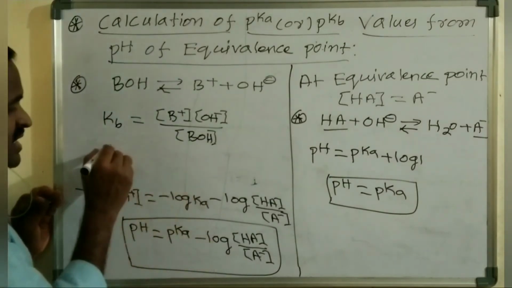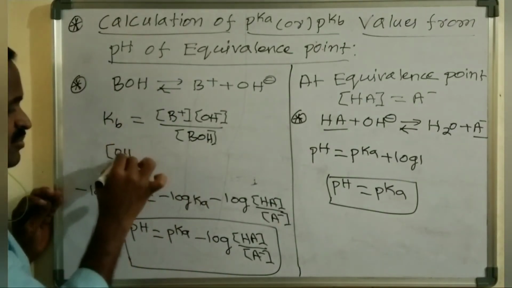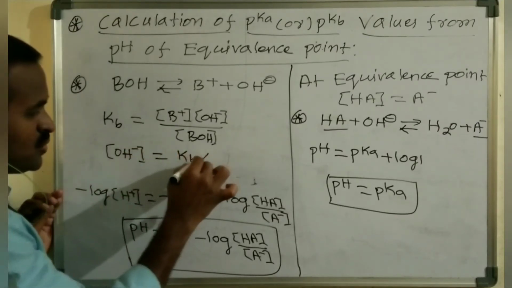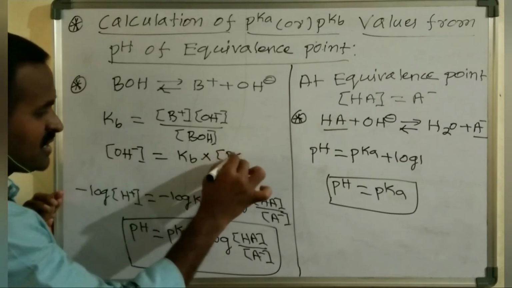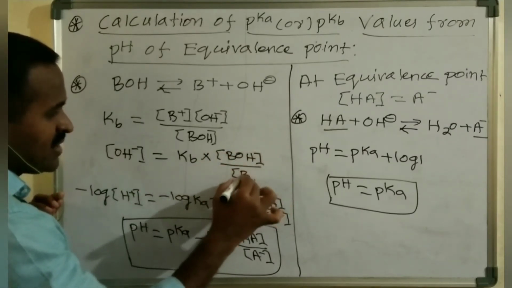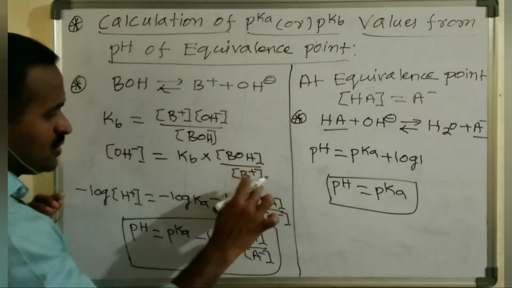Taking the OH minus ion concentration as the subject of the formula, OH minus is equal to Kb times BOH concentration divided by B plus ion concentration.